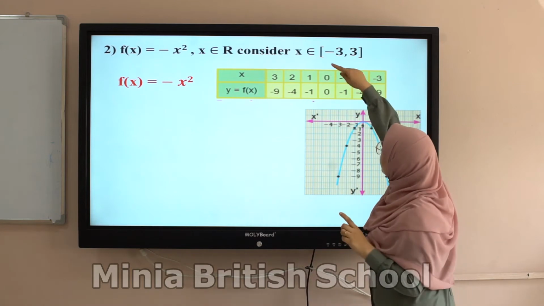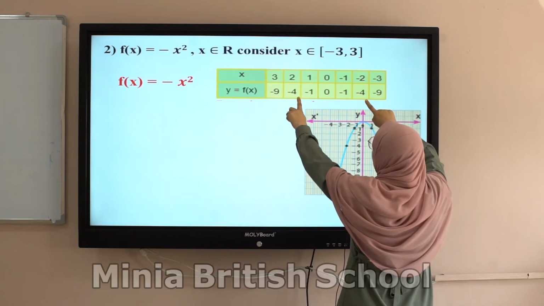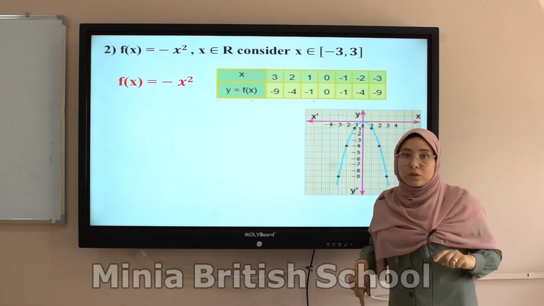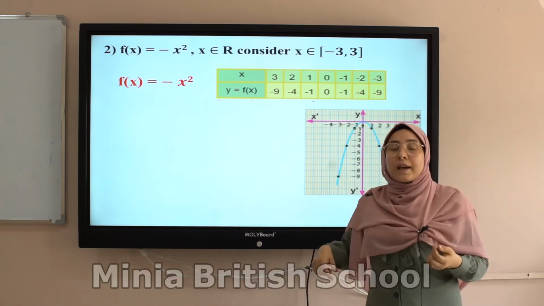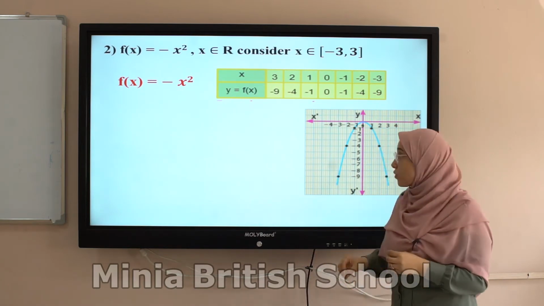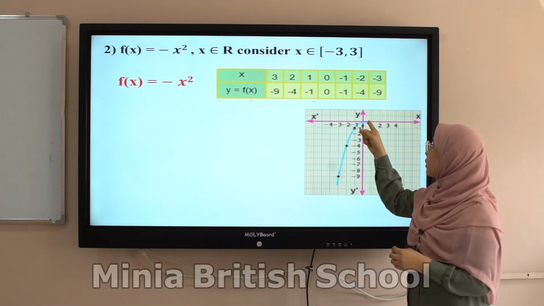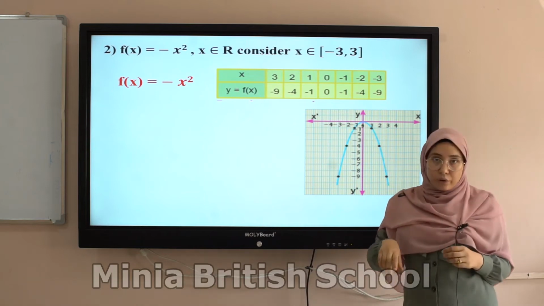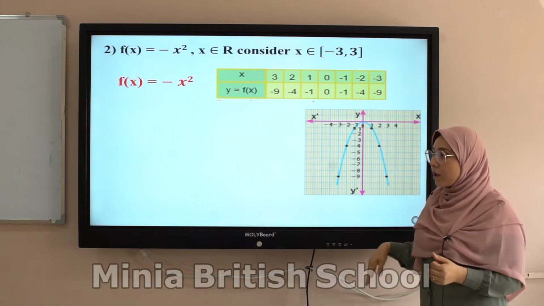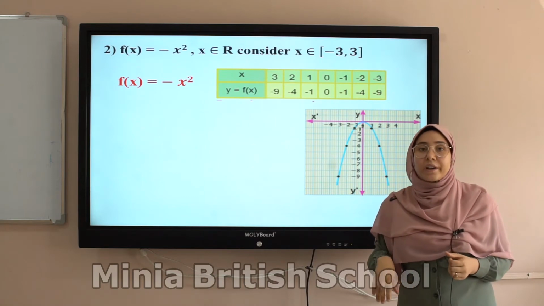The middle ordered pair here is (0, 0), between (-9), (-4), (-1) and so on. This ordered pair represents the vertex of the curve. So the vertex of the curve is the origin (0, 0). And we note the y-axis is the line of symmetry of this curve.